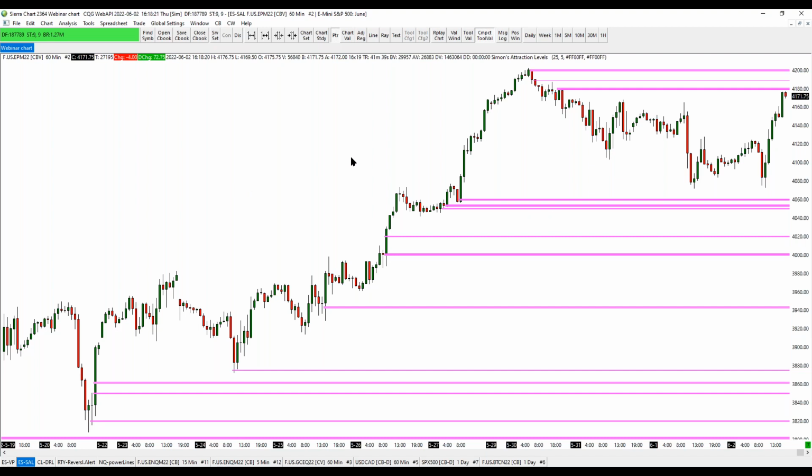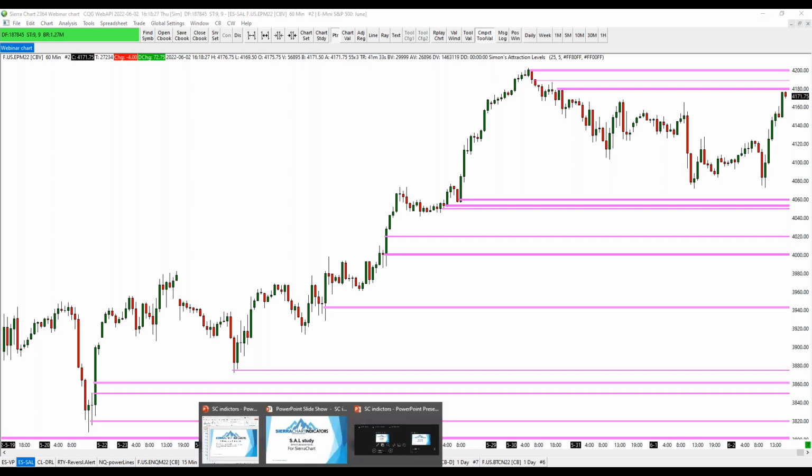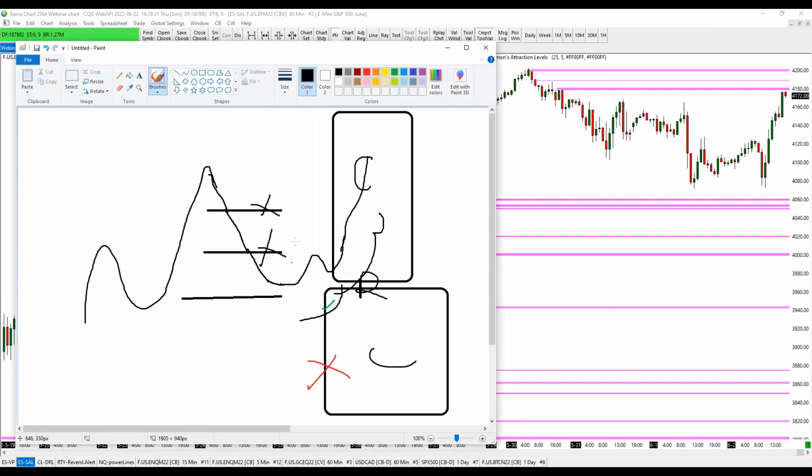One of the ways that it works for me is, remember I said here, where is it? Right here. Remember, here I mentioned if the market comes back down to this level here, I am not trading it yet.